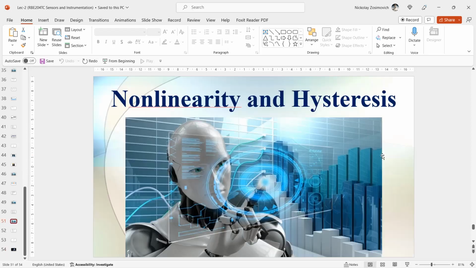If the output y is a linear function of the input x, the sensitivity S does not depend on x. But in case of a nonlinear transfer function, y = f(x), S does depend on the input or output value.